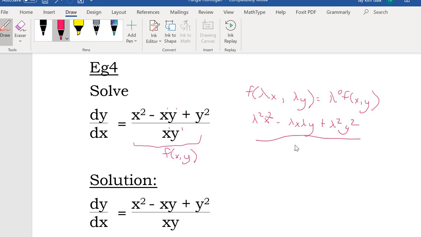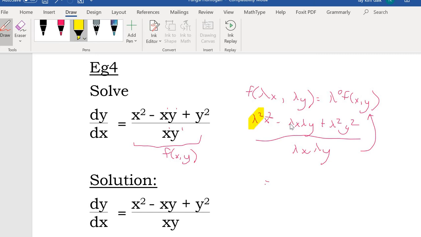In the denominator you have x is lambda x, y is lambda y. You notice that each term has the lambda squared, which can be cancelled out.